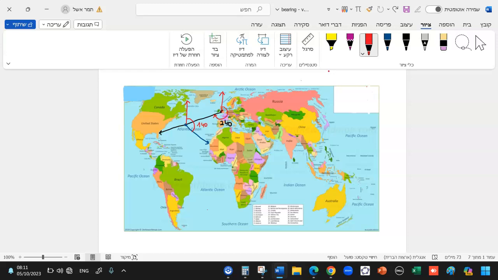You will change your direction from 240 to 140. If you want to sail from Argentina to South Africa, for example, you travel on bearing of around 060, and so on.